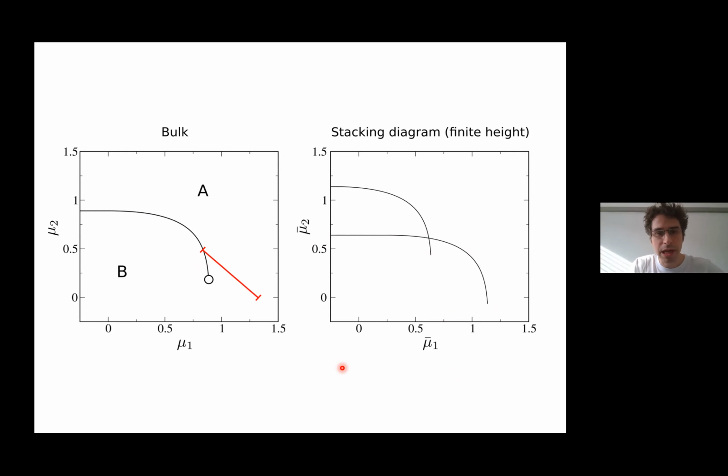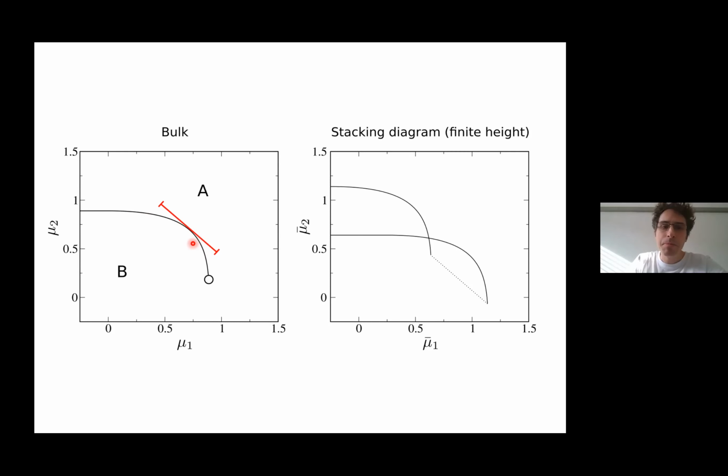Still, we have other types of paths, the ones that cross the critical point. They are special. If I move this up, I have a sequence AB. If I move this down, I have a sequence B. And all these paths form a line in the stacking diagram, this line here that we call a terminal line. And finally, in this example, the path has a slope that is compatible with the slope of the binodal.